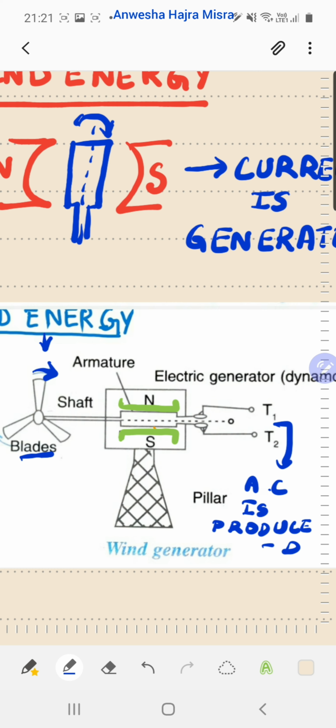So, to generate a sufficient amount of electric power, a large number of such wind generators are arranged over a big area called a wind farm. And the electric power generated by each generator is combined together for the supply of the consumers.